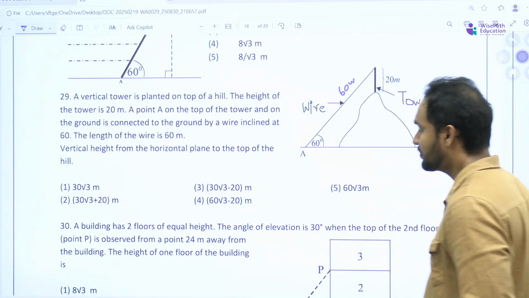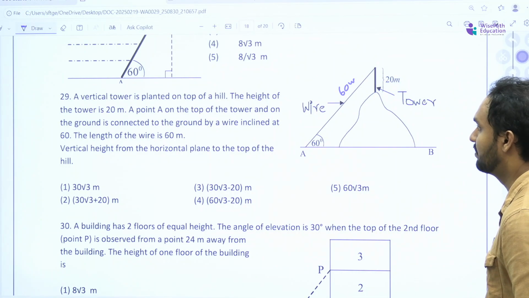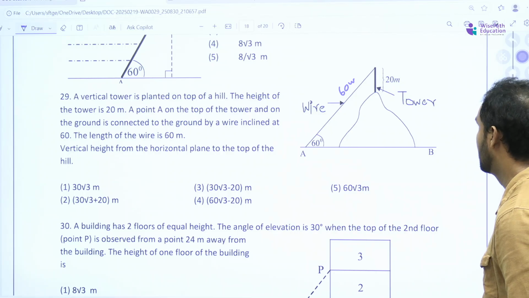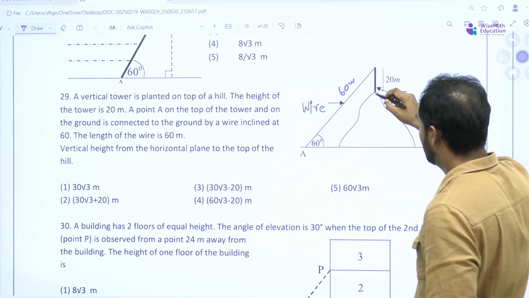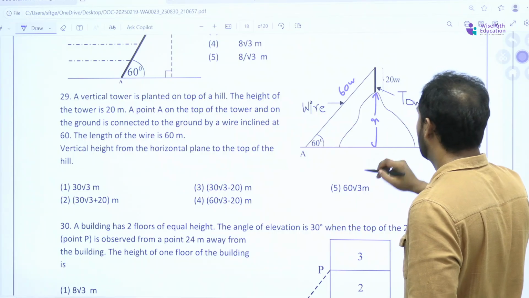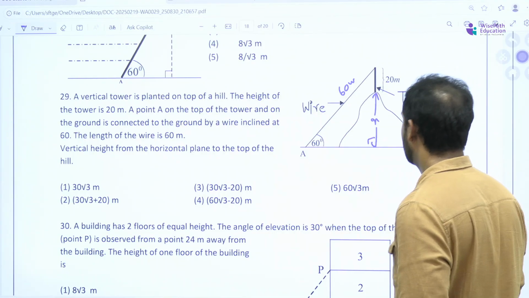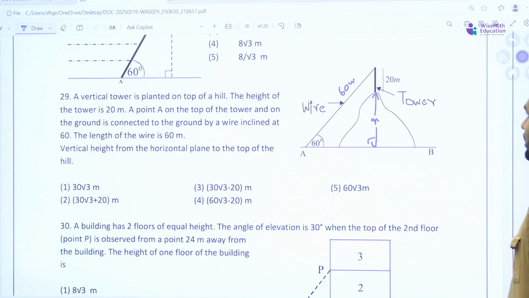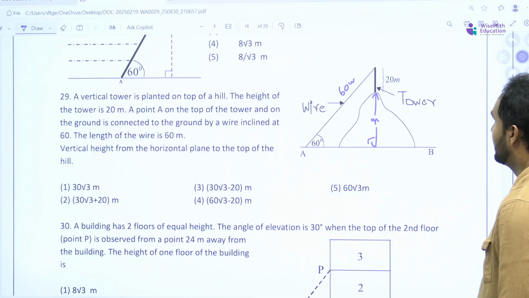find the vertical height from the horizontal plane to the top of the hill. They are asking for this height, top of the hill. We'll take it as x, and this is perpendicular. So you have to put a trigonometric ratio.